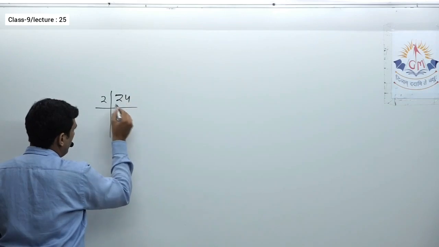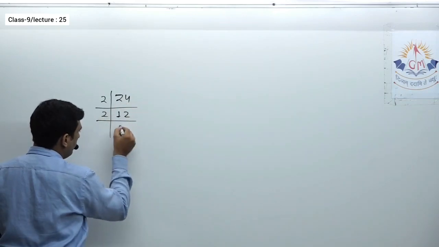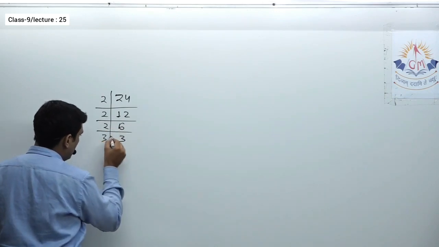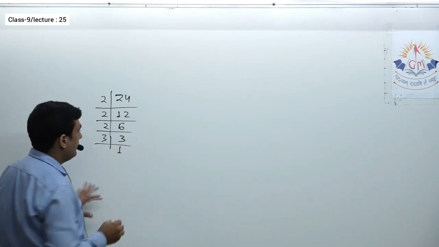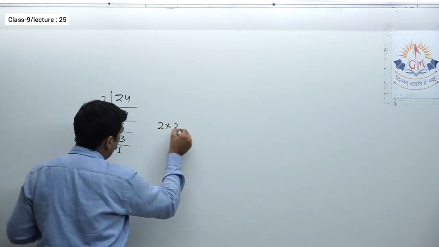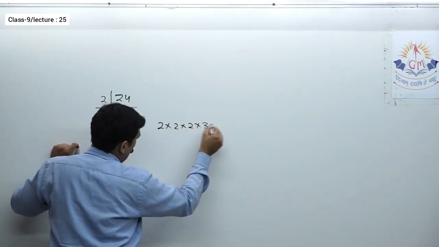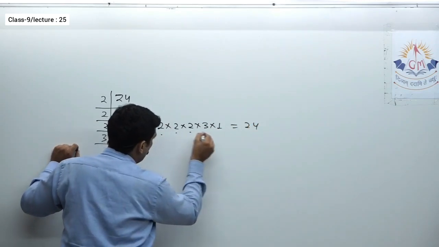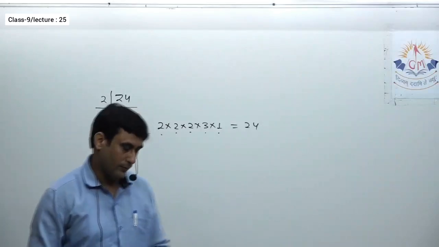Here I can divide 24 by 2, so I get 12, then again I can divide it by 2, so I will get 6, then again by 2, I will get 3, so we have to follow this process until we get 1. Now you can see if I multiply these parts 2, 2, 2 and 3, and include 1, I will get 24. So these 2, 2, 2, 3 and 1 are the factors of 24.